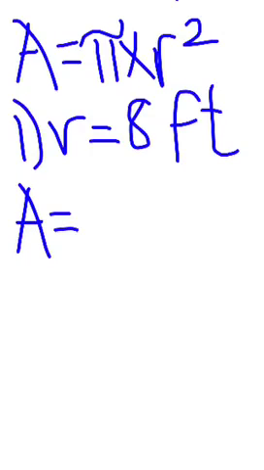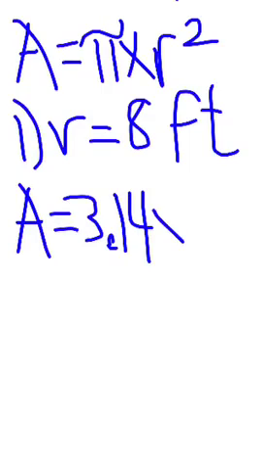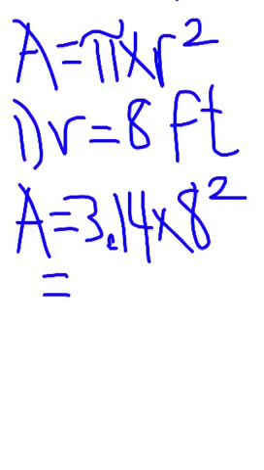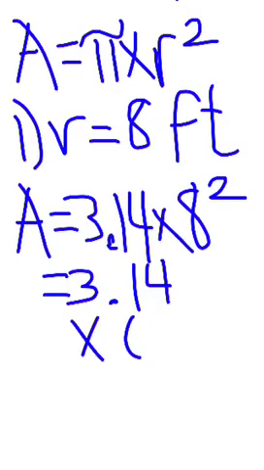So we have A is equal to 3.14 times 8 squared. Follow your order of operations. We would have to square 8 first before we multiply. So we have 3.14 times 64.